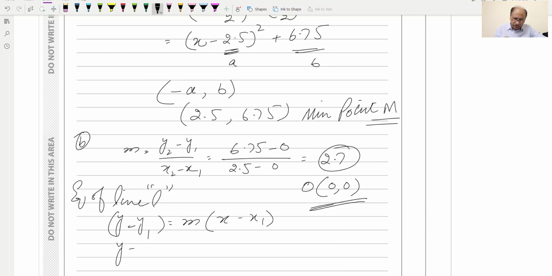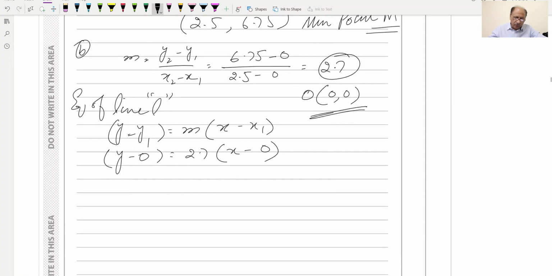So y1 is 0 for the origin, and m is 2.7 into x minus x1, and for the origin the x value will also be 0. So our equation will be y is equal to 2.7x plus 0, or y is equal to 2.7x. This is basically the equation of L.